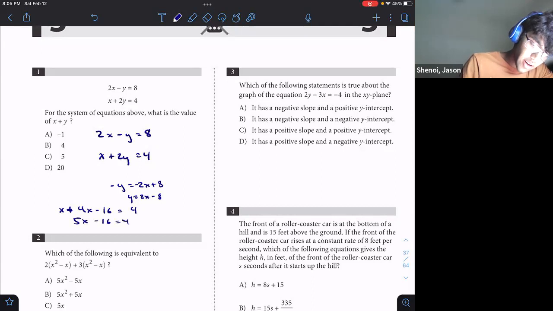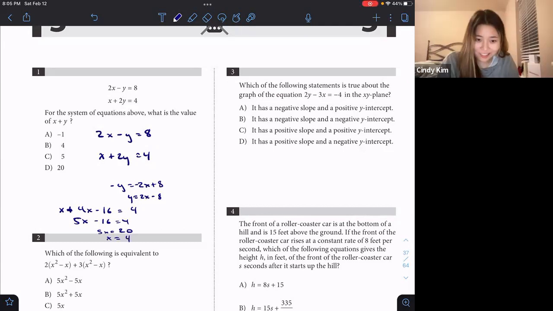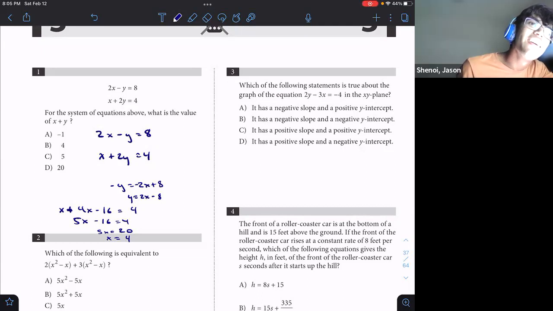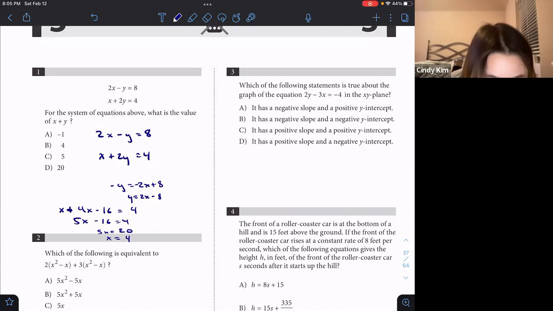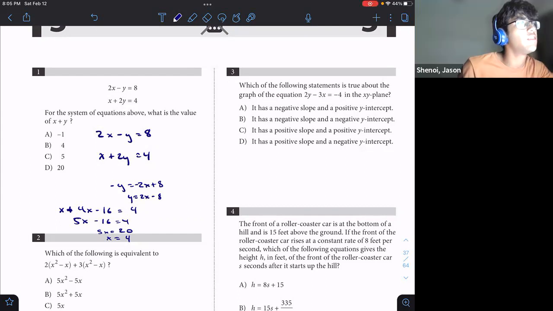There's a much easier way of doing this. X is equal to 4. Oh, my bad. You see how I got there? Where did the 4x come from? The 4x is because you have 2y.